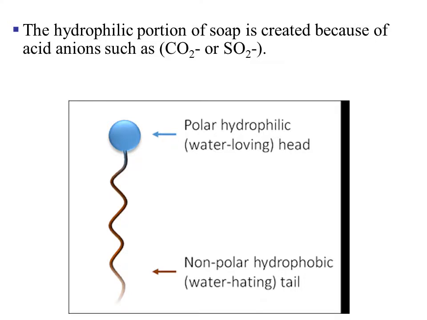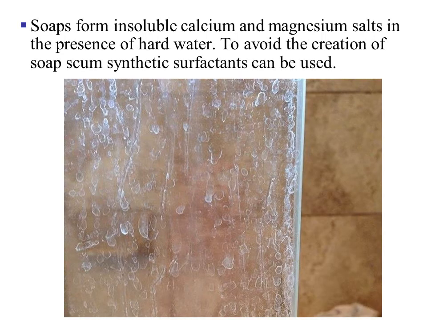The hydrophilic portion of soap is created because of acid anions such as CO2 or SO2. Soaps form insoluble calcium and magnesium salts in the presence of hard water. This creates soap scum. So to avoid the creation of soap scum, some people use synthetic surfactants.